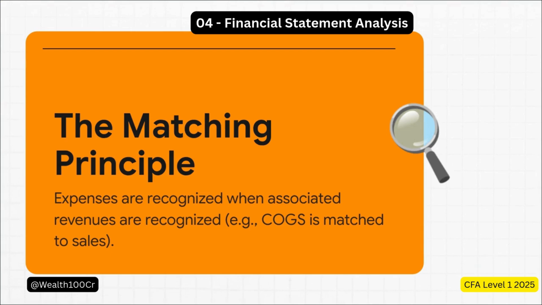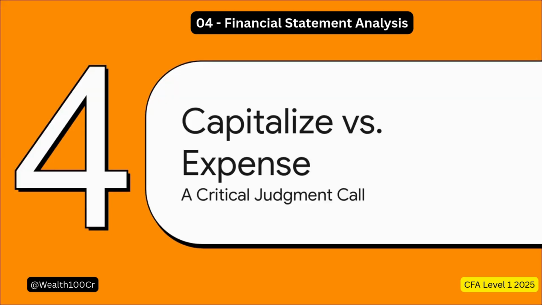The classic example here is cost of goods sold. You don't record the cost of your inventory as an expense when you buy it. No, that would be wrong. You wait, and you expense it in the exact same period that you sell that inventory and recognize the revenue. They have to match.